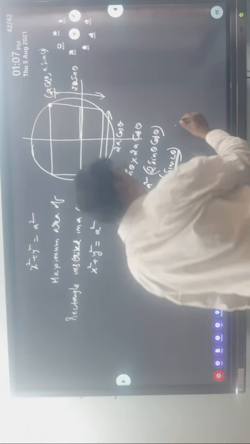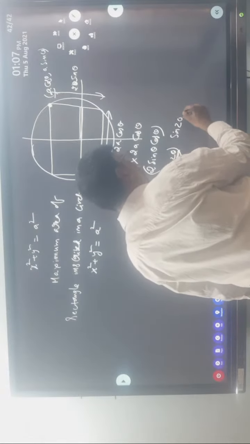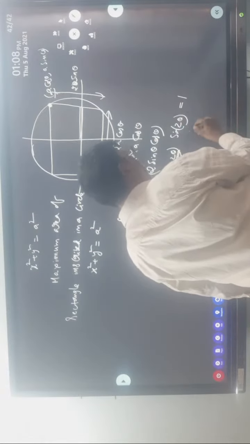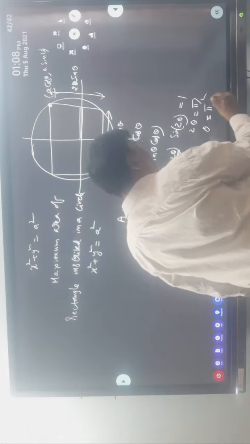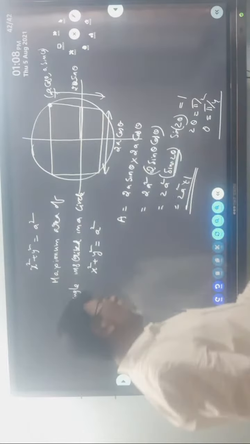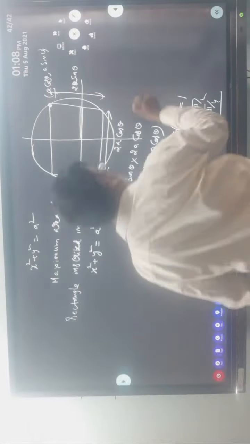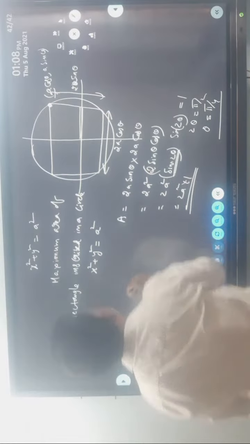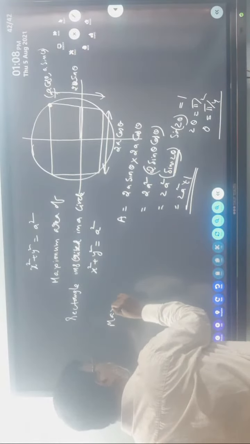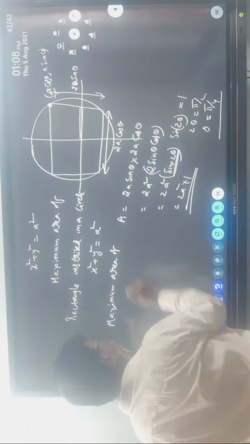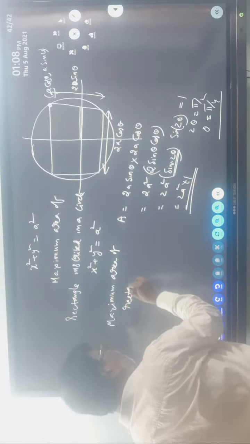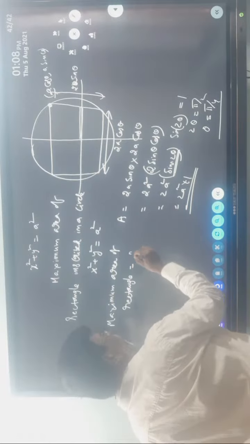Sin 2 theta equals 1 gives 2 theta equals pi by 2, so theta equals pi by 4. At theta equal to pi by 4, the maximum area of the rectangle is 2a square.